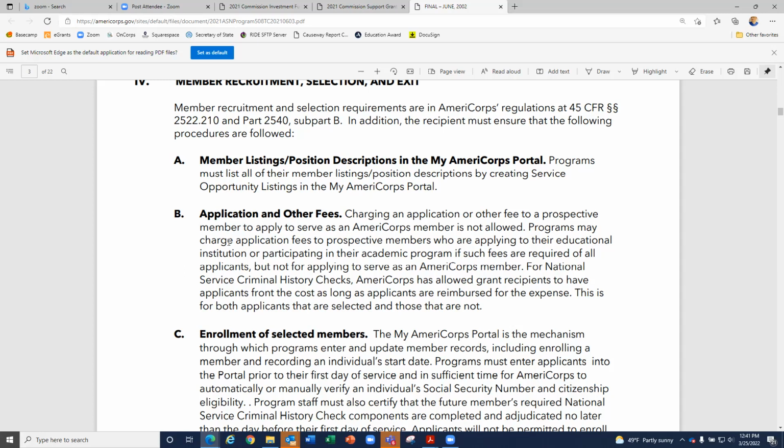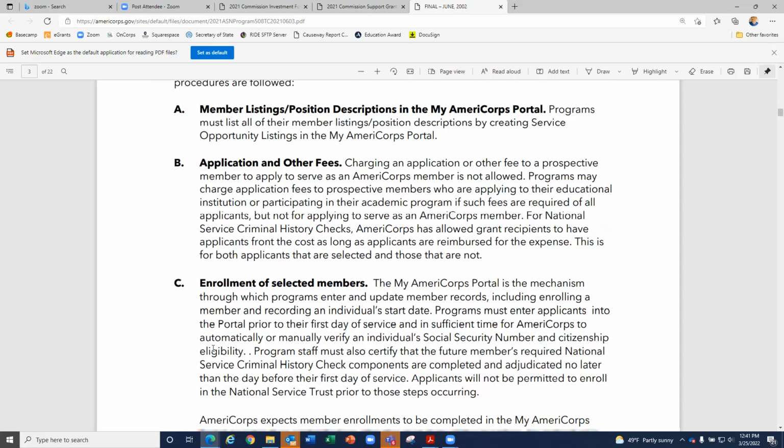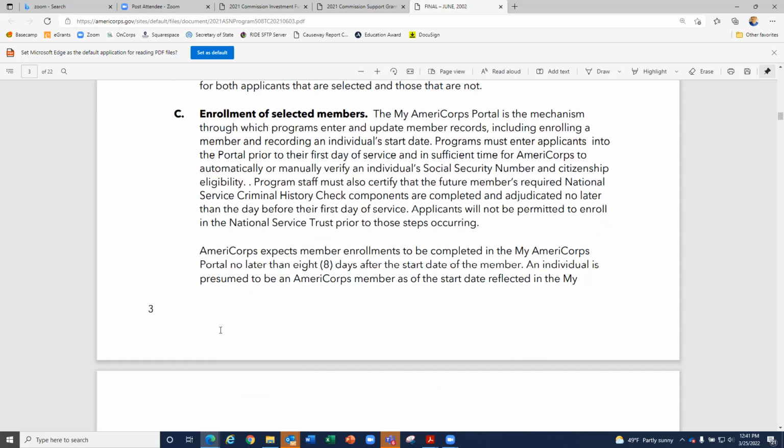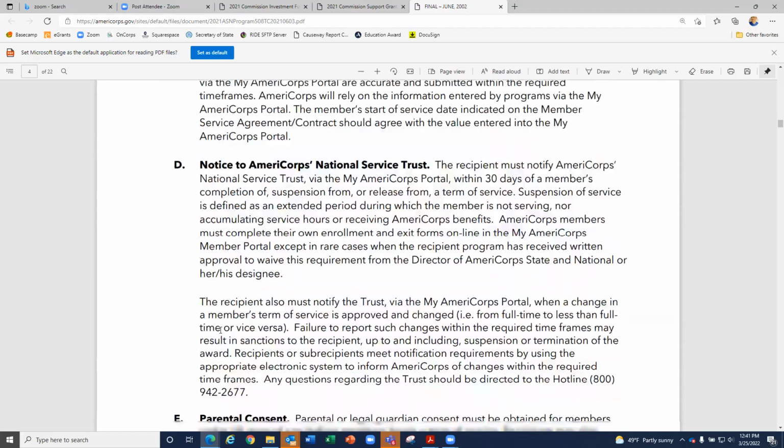We really need to make sure that you have someone prepared to learn about the Americorps enrollment process and how that is done. Again, with Amanda and I here to support you with training and technical assistance.